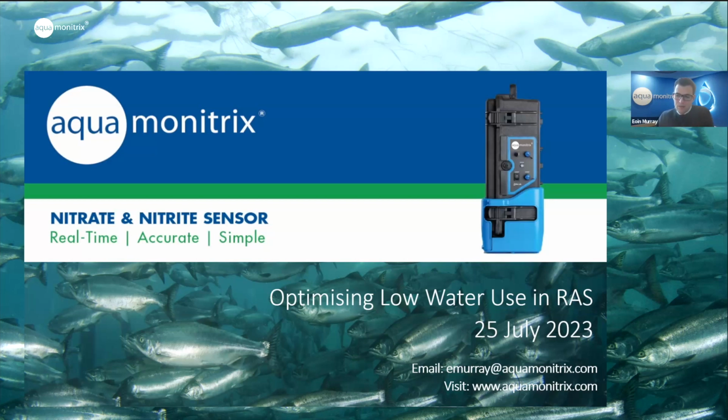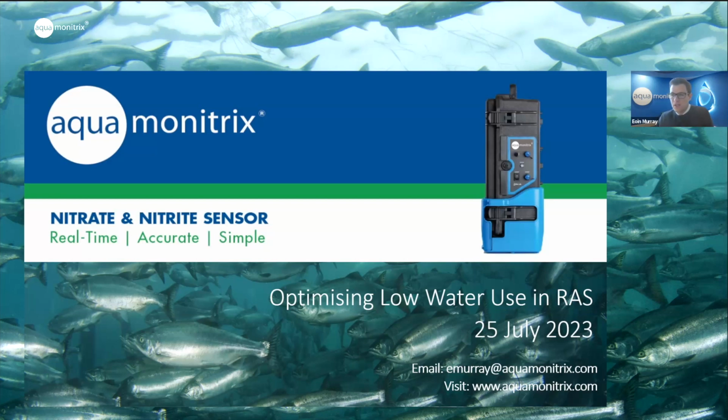So by having really accurate levels of nitrite and nitrate, it still has huge amounts of value in terms of understanding the nitrogen cycle. Ideally, it would be fantastic to have ammonium as well. You have the complete picture, but that's in development right now. There's no commercially available system that can deliver that level of accuracy for ammonium, especially in combination with nitrite and nitrate.